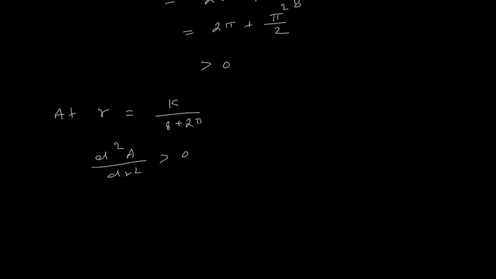So I will get 2 pi plus pi square upon 2 only, which is greater than 0. So therefore I will say that A is minimum when r is equal to k upon 8 plus 2 pi.